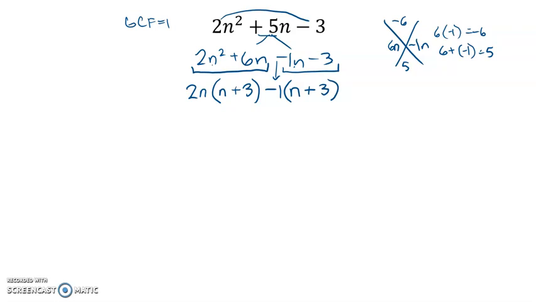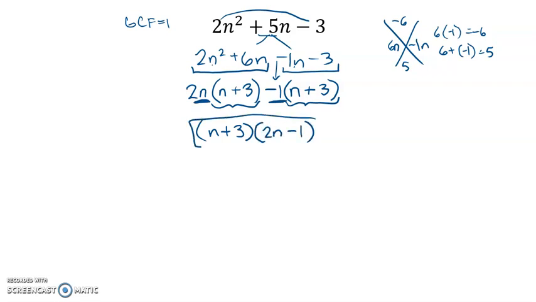That's another way to think of it. At this point, you see that both of my terms are multiplied by n plus 3. That's my common factor, so I do n plus 3. And then the pieces that are left create the other factor, 2n minus 1, and we should be done.